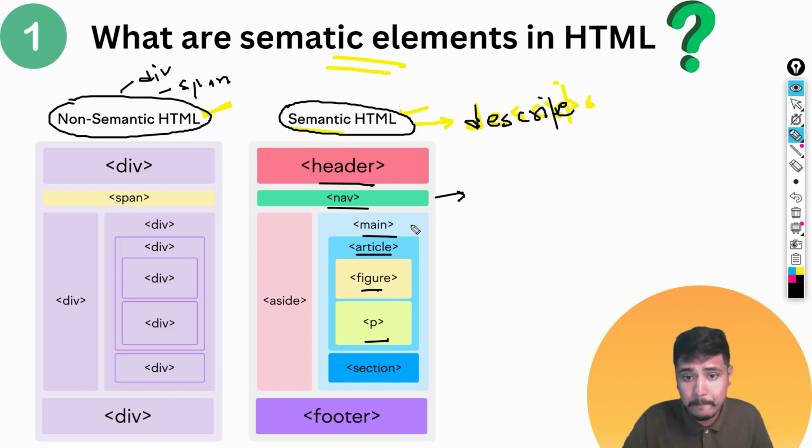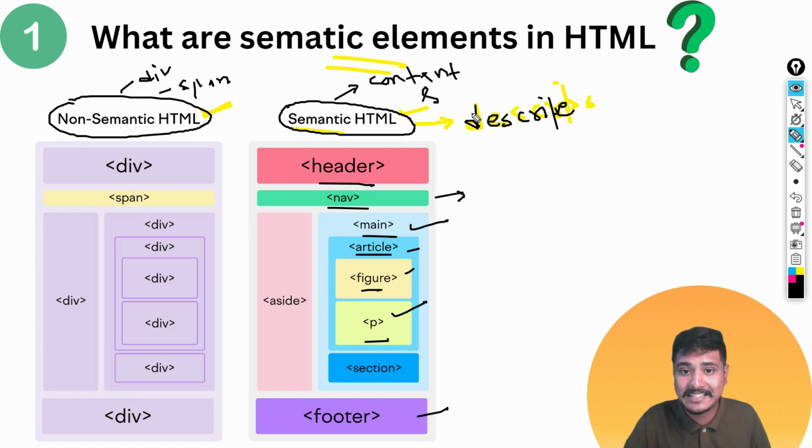You might have a main tag, which tells that this is the main section of the website where the main content is present. You might have some articles in it, some figures, some paragraphs, and at the end, the footer. So in a nutshell, semantic tags carry content and also describe the content.